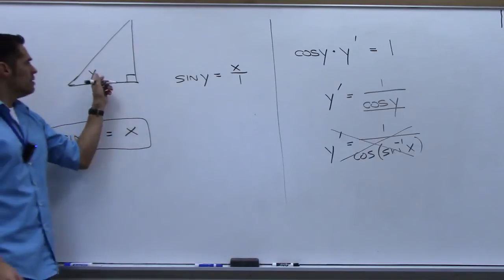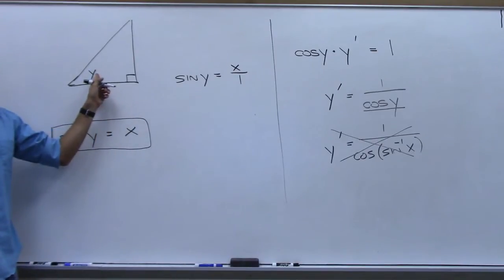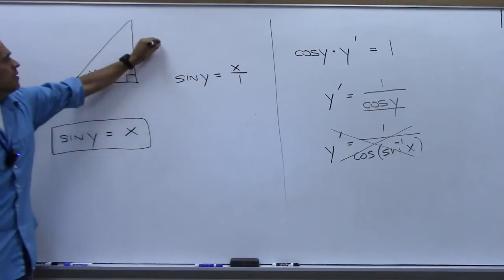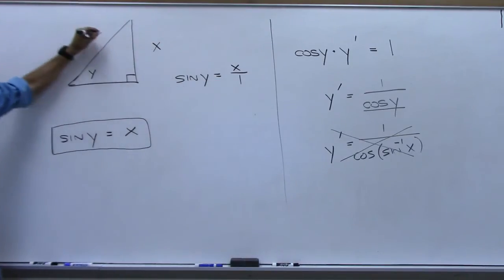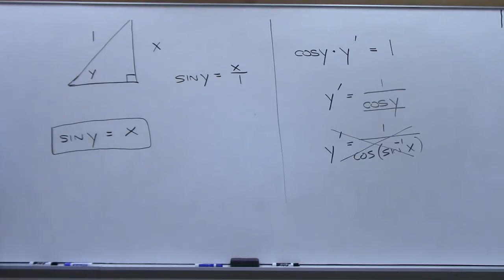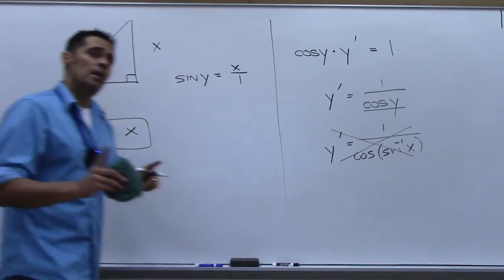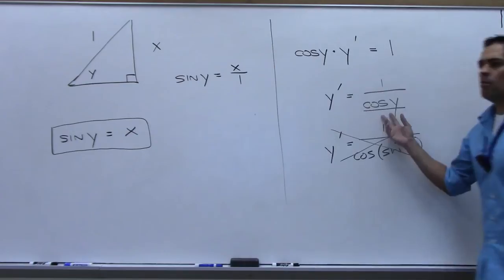So the side opposite of this y should be x, and the side that is the hypotenuse should be 1. Yes? So that picture goes with this equation. You need to be able to do this a lot in this class. So comfortable with that? Now, what is it that we wanted to know? What is cosine of y?